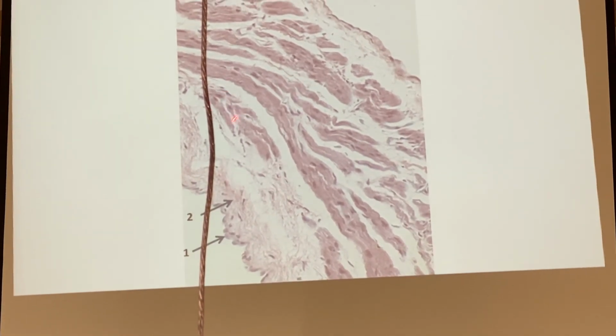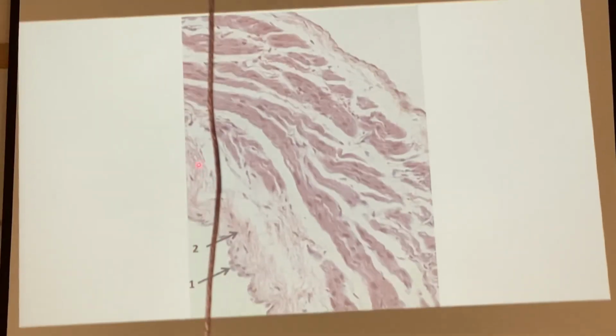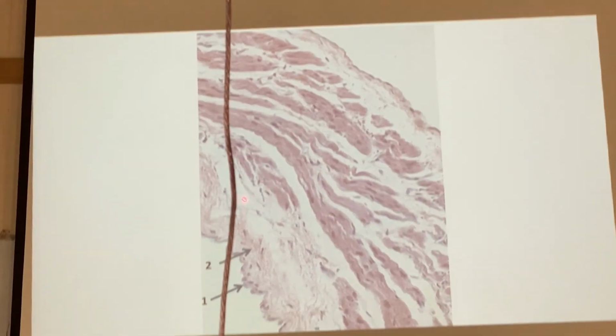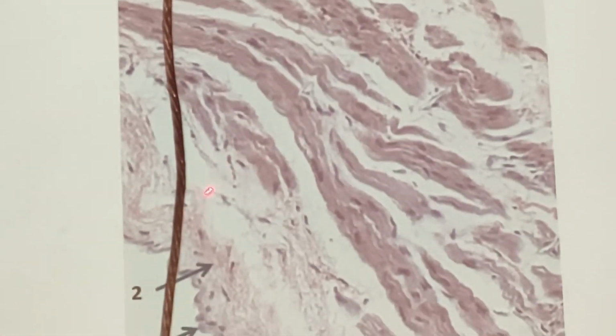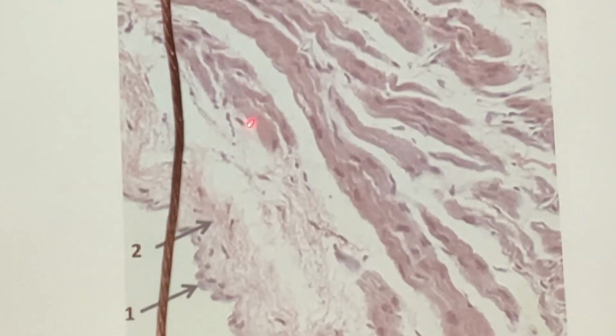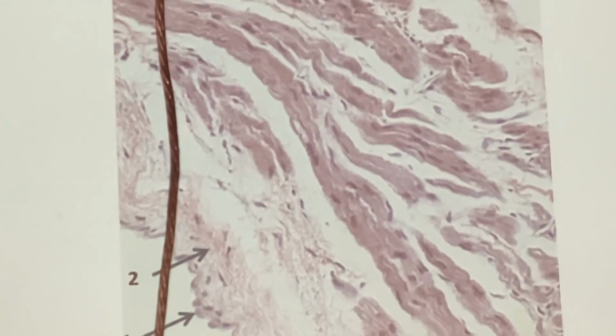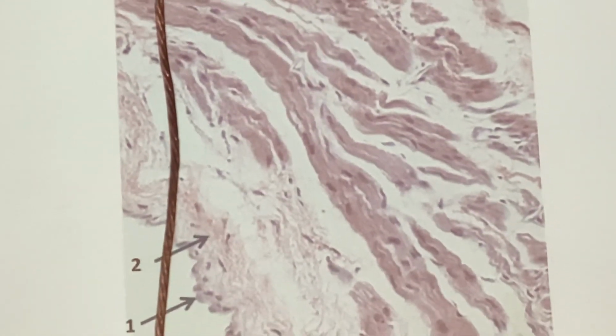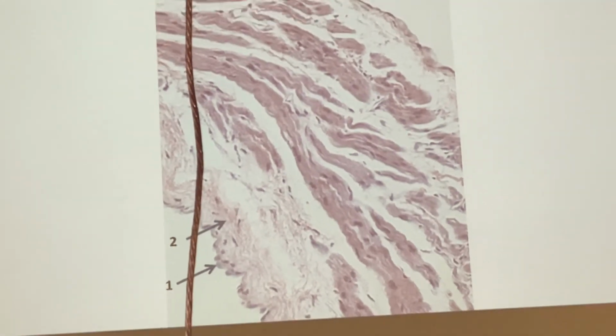Now, if you look at there, this is not a cell. This is what? The capillary. Look at there. This is the endothelial lining of this structure. This structure is not a Purkinje cell.